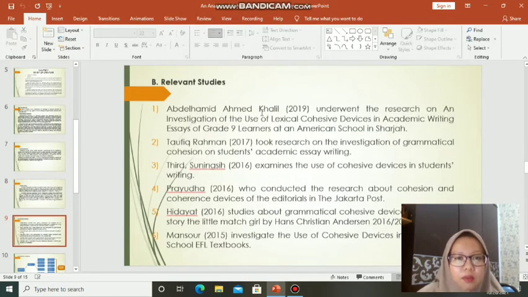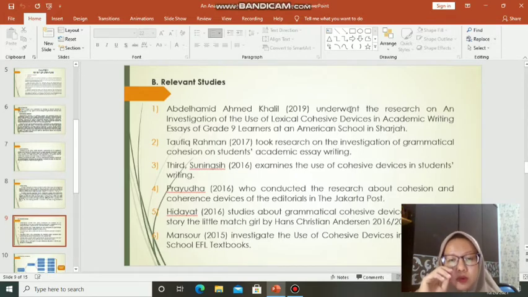Okay, now about the relevant studies. There are six relevant studies in this study, and I will start from the first. Abdel Hamid Ahmed Khalil, 2019, undertook research on an investigation of the use of lexical cohesive devices in academic writing essays of grade 9 learners at an American school in Sharjah.